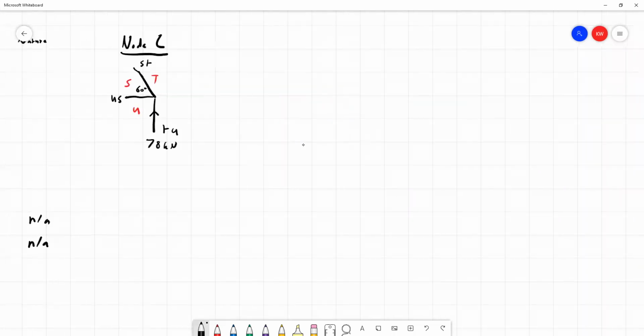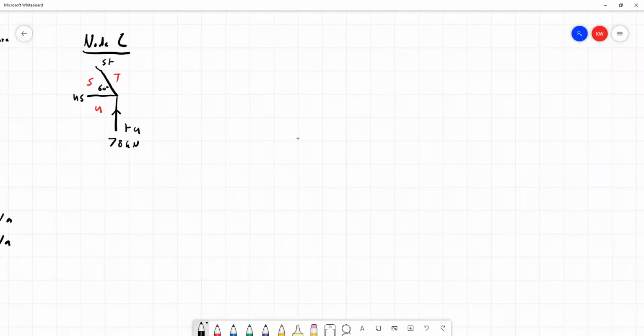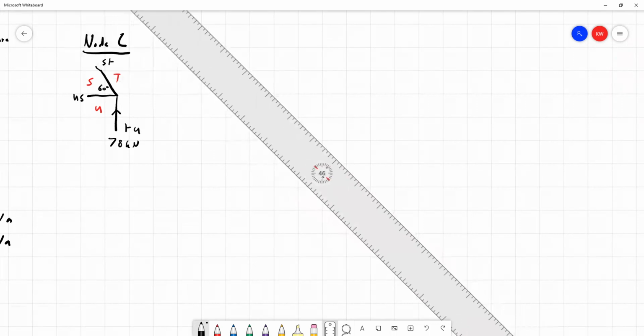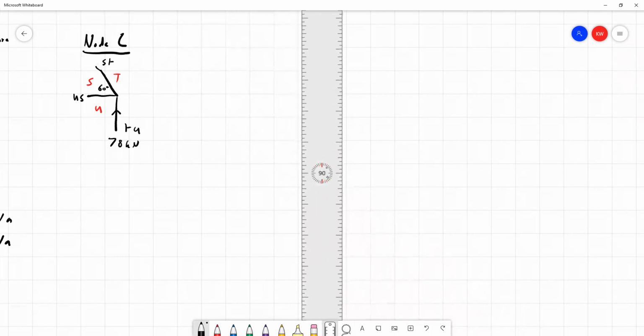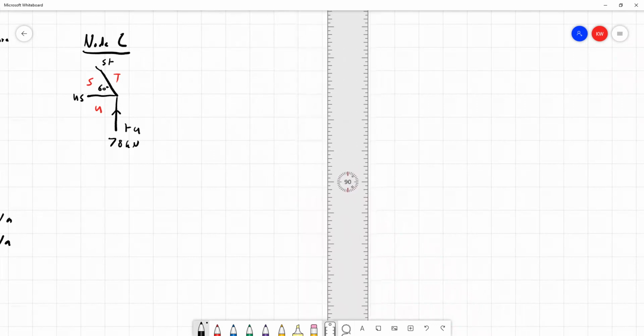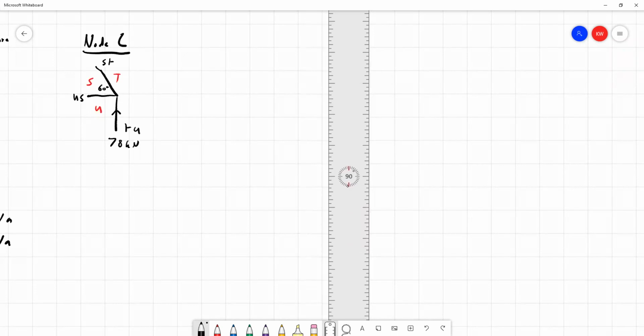The one thing that we know to begin with is the force whose magnitude we have, and this is the vector TU. It's acting vertically upwards, and it's got a 78 kilonewton magnitude. So we're going to use a 1 centimeter to 1 kilonewton scale here, and as best as is possible, I will draw this on the whiteboard using the ruler.